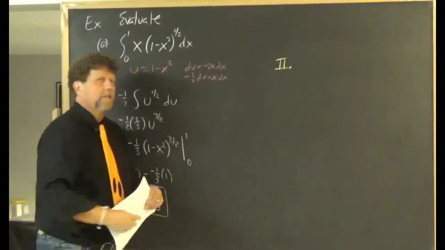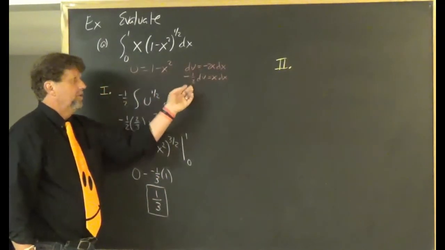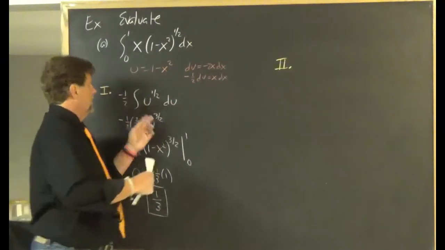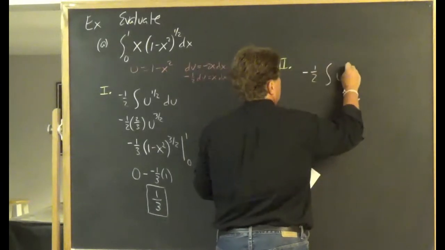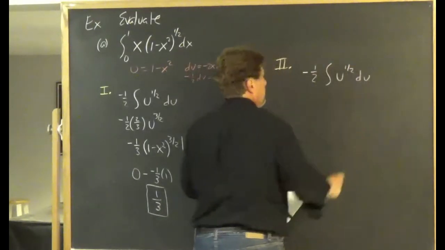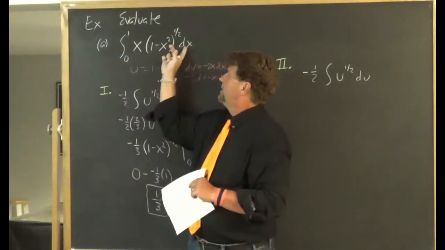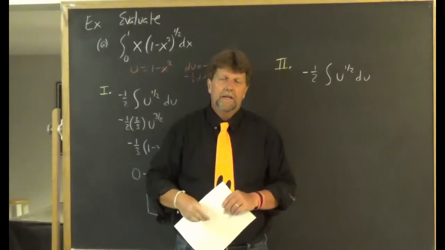So let me come over here and do route 2. So route 2 would start the same. Do your u sub, figure out your u, du, and any massaging. So we're going to get to this point right here. So we're at the same point. But in route 2, I said, change these x limits, change them to u limits.